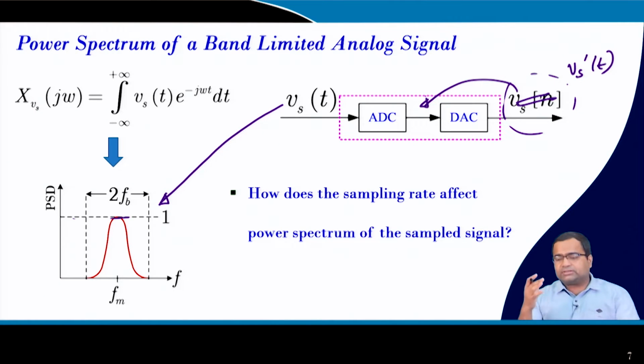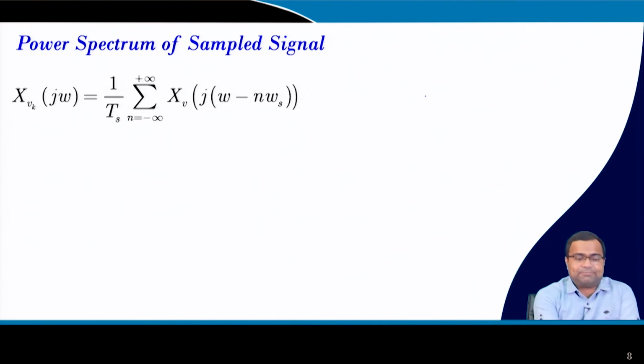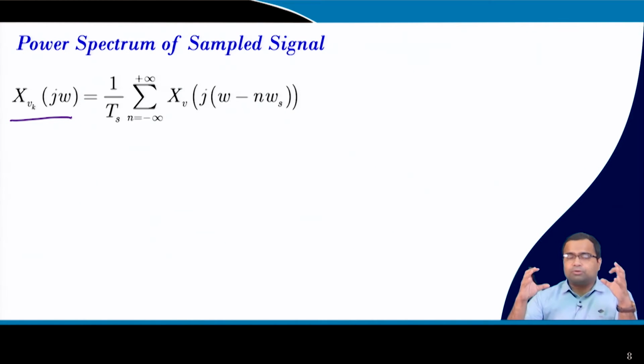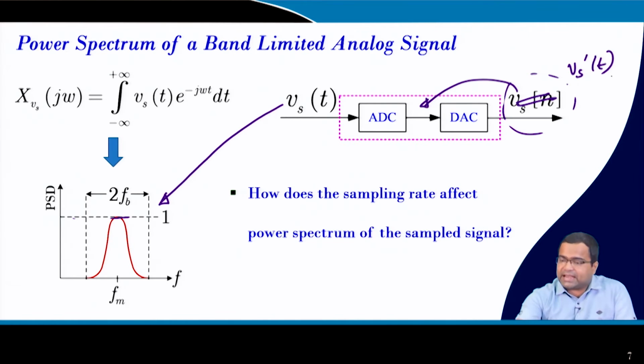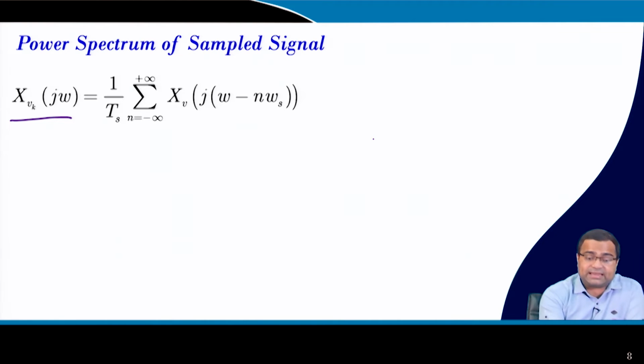Now, how does the sampling rate affect the power spectrum of the sampled signal? This can be proved mathematically if you take the power spectral density of the sampled signal Vs dash, that is, passing through ADC followed by DAC. It can be shown that it is 1 by Ts, where Ts is the sampling period.